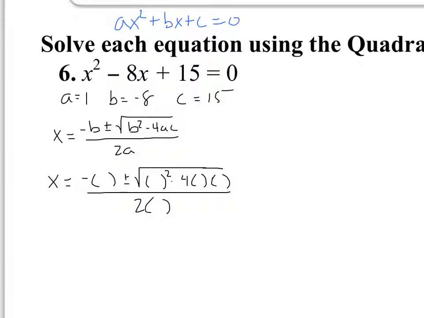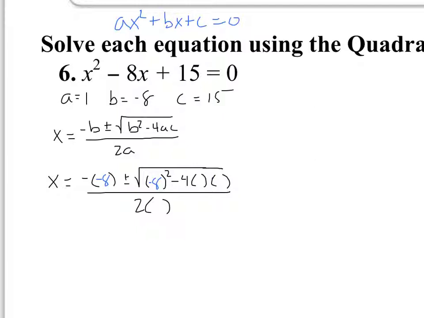Now we have to be very careful about plugging into the proper spots. Taking a look at this first parenthesis, we got negative parenthesis. What goes there? Negative 8, because b is negative 8. And we have another b in our equation, right here, negative 8 squared.